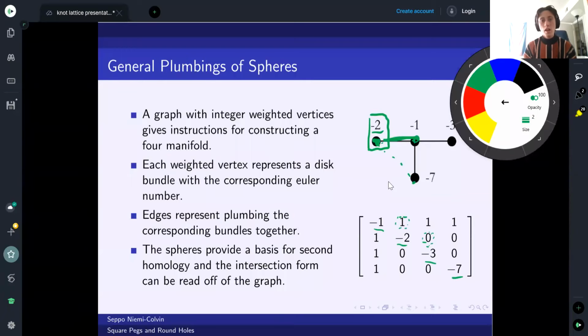And one thing I'll say is that these general constructions are called plumbings, and they are really great because not only can you get the intersection form easily, but you sort of have the minimal amount of four-manifold material needed to realize this intersection form. So the geometry is going to be very closely related to the intersection form.